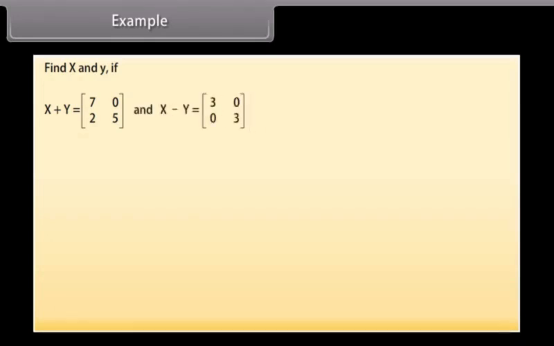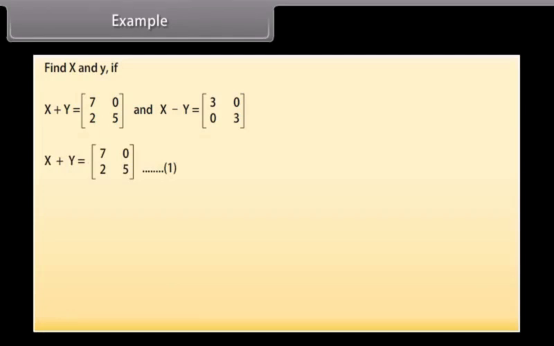Example. Find X and Y if X plus Y is equal to the matrix row-wise first row 7, 0, second row 2, 5, and X minus Y is equal to the matrix row-wise first row 3, 0, second row 0, 3. Solution.